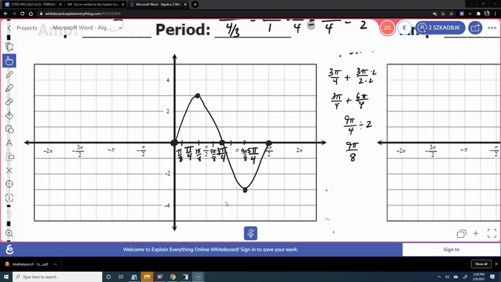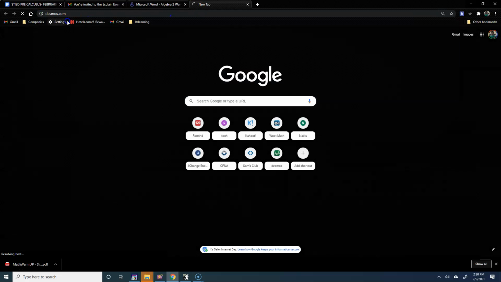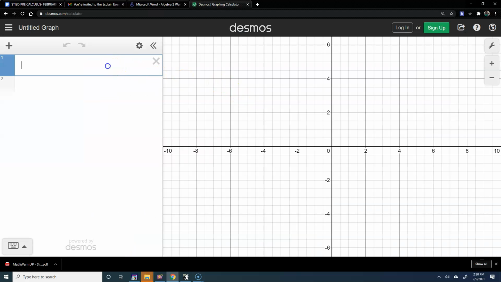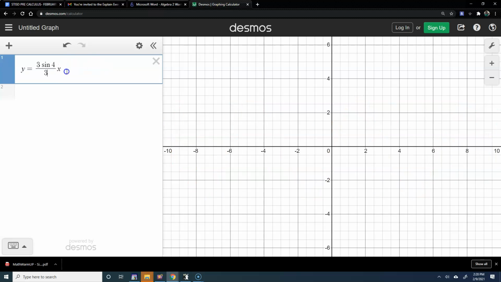Okay, so if you want to check with Desmos, you go to desmos.com and you're going to type in y equals 3 sine, in this case 4/3 x.